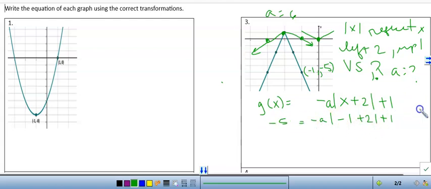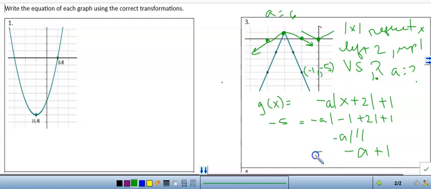Now I'm going to follow PEMDAS. -1 plus 2 is 1. The absolute value of 1 is still 1. And then I'm going to multiply that by -a following PEMDAS. So far I have -a times 1, which is -a. And then that plus 1 over there on the side, I'm going to leave it.